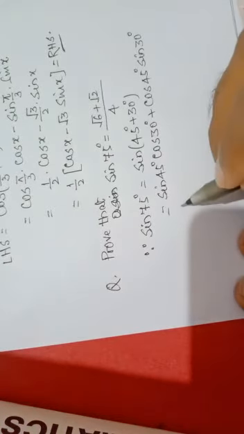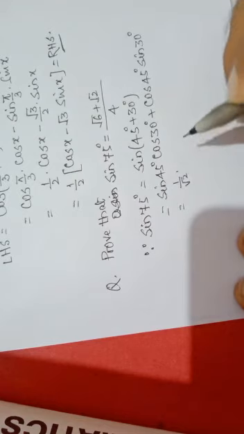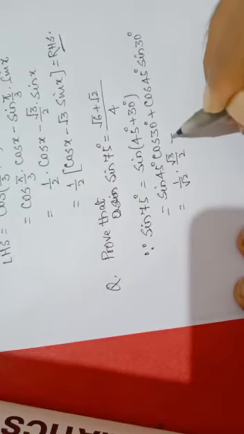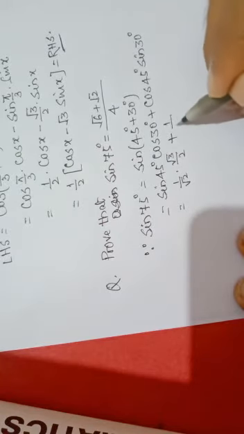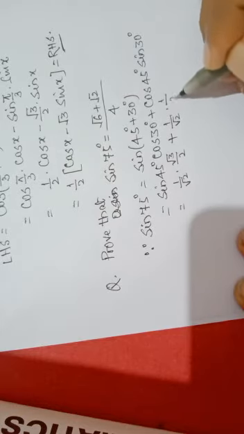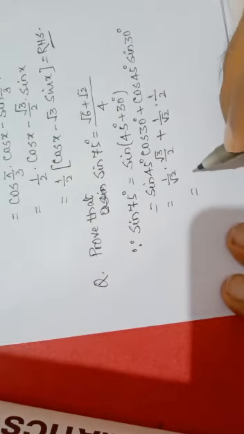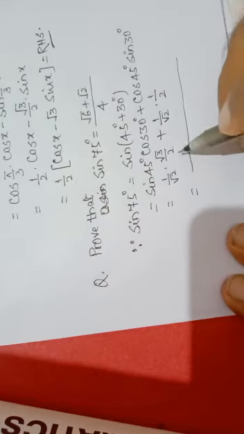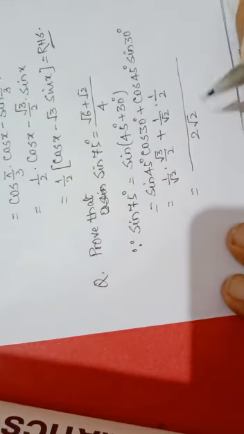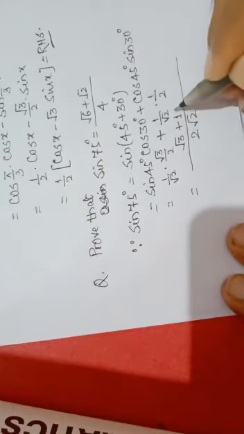So sin 45 degree is 1 by root 2, cos 30 degree is root 3 by 2, plus cos 45 degree is 1 by root 2 into sin 30 degree is 1 by 2. Take out LCM. So its LCM is 2 root 2, and numerator should be root 3 plus 1.